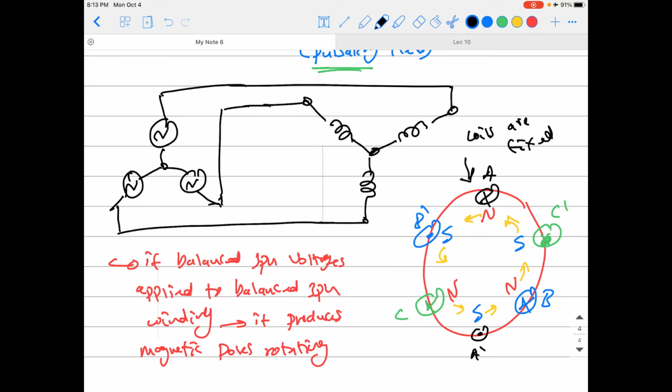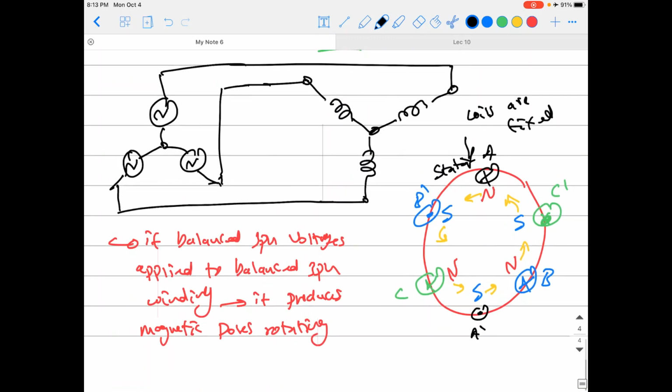They do not rotate. They are part of the stator, okay? But because of this magical connection, because they are three-phase connected to a three-phase supply, the poles resulting from this will be rotating poles. And that's the magic of three-phase winding, okay, guys?